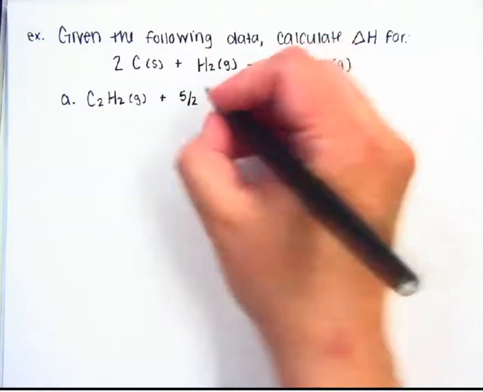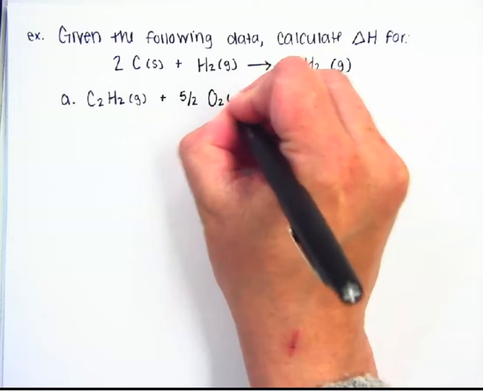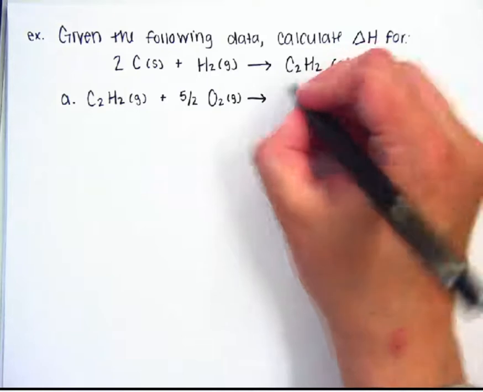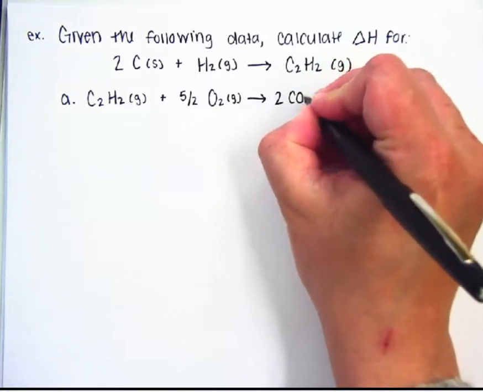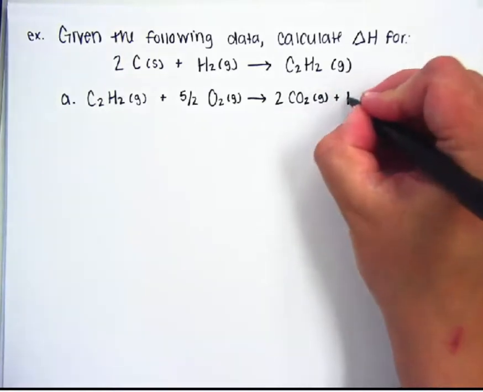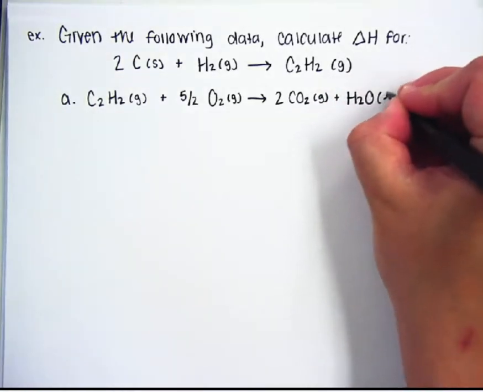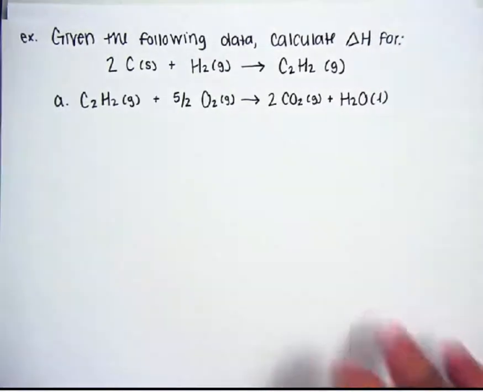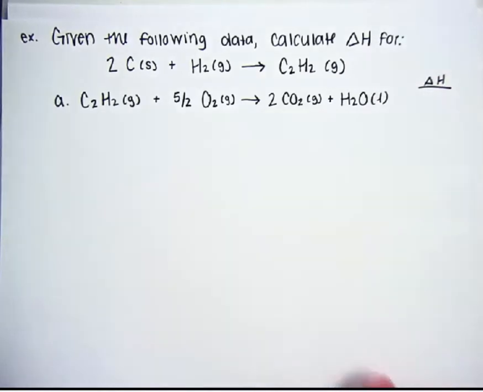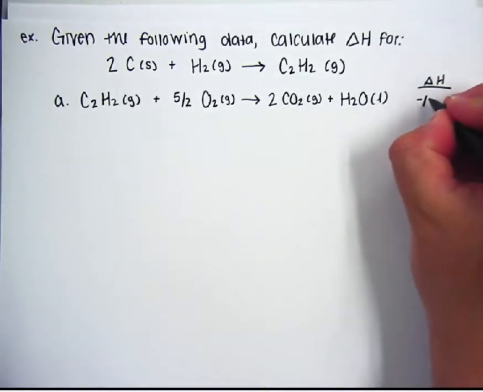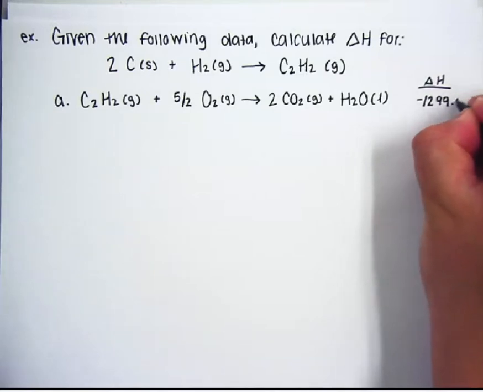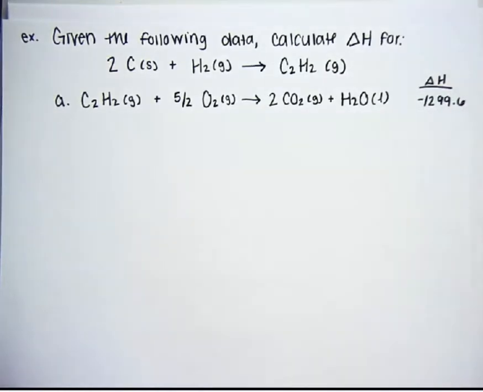Again, you will see fractions. Reaction A, delta H, negative 1,299.6 kilojoules. I'm out of room on my paper.